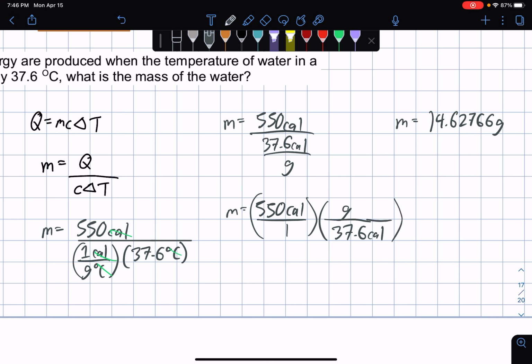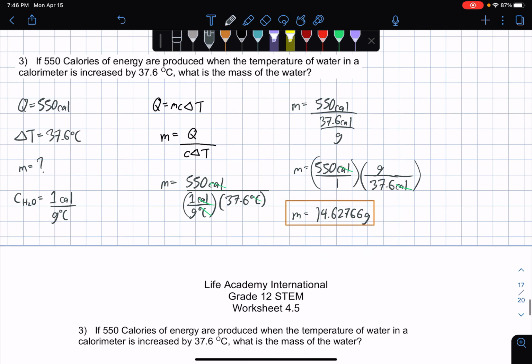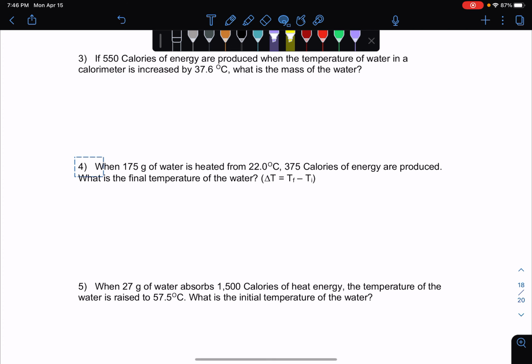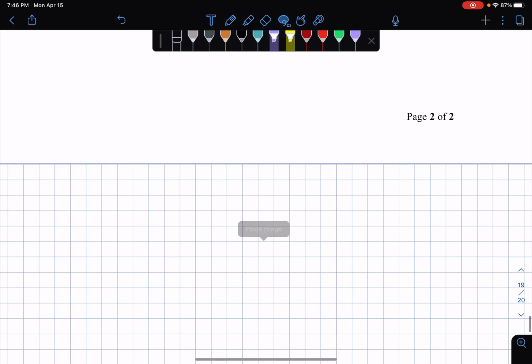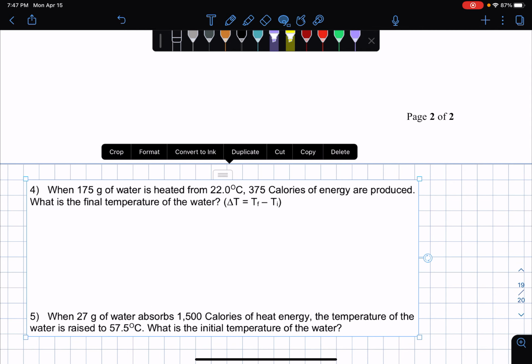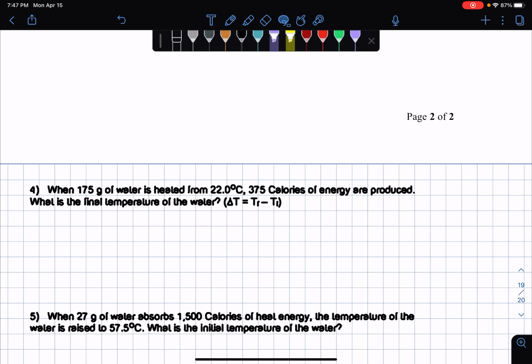Okay, makes sense. That's when the calorie units cancel, and these are divided, and then we have the grams. Therefore, we end up with this. Clear. Okay, number 4 and 5 and 6.